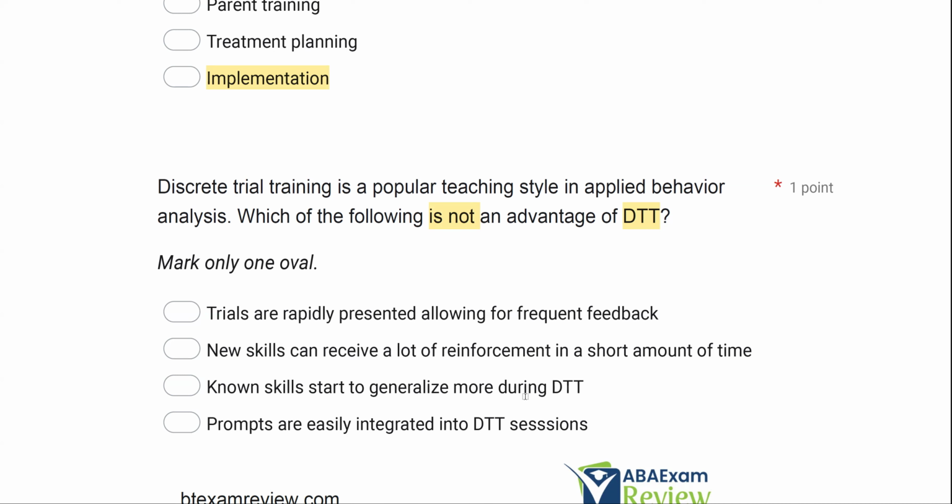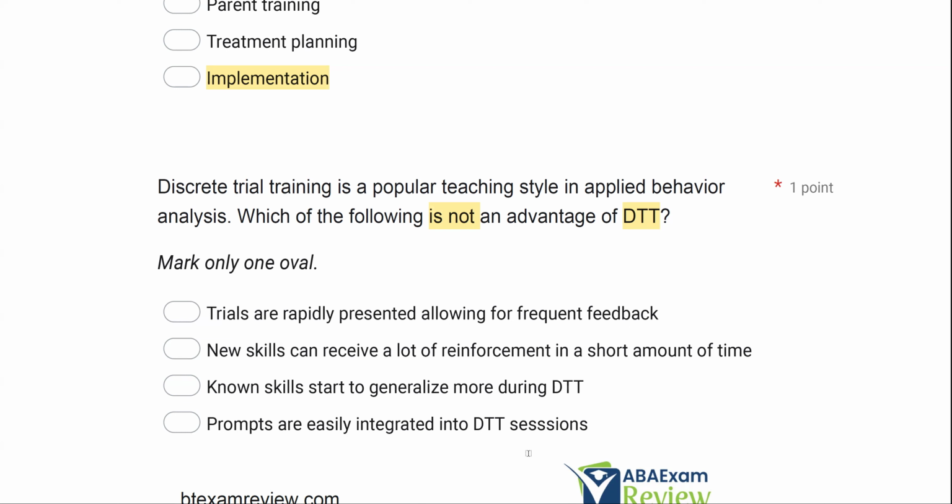When we talk about generalization, we're talking about skills being taught and then the skills transferring to untaught areas. With DTT, everything's very contrived, everything's very planned. It's not that conducive to generalization when we are using discrete trial training.